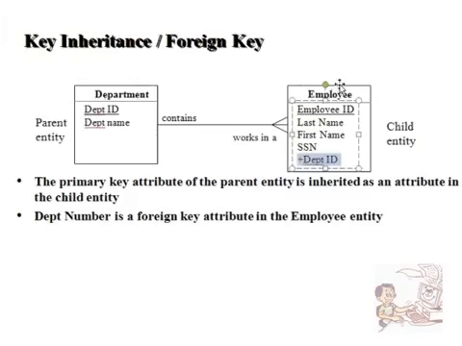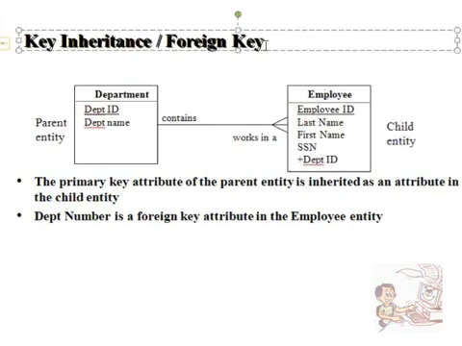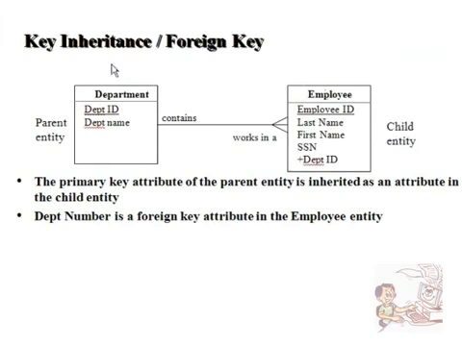So in your employee entity, your department ID becomes a foreign key. That is the key inheritance and foreign key concept. That's where the parent and child relationship comes into the picture.